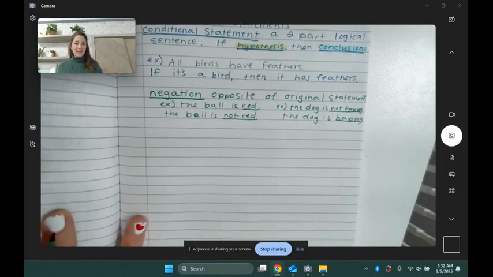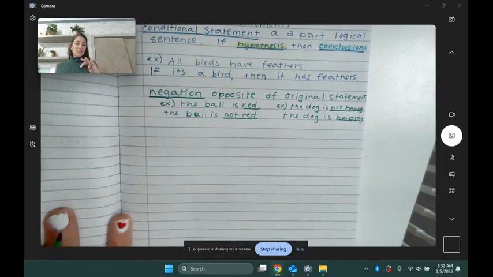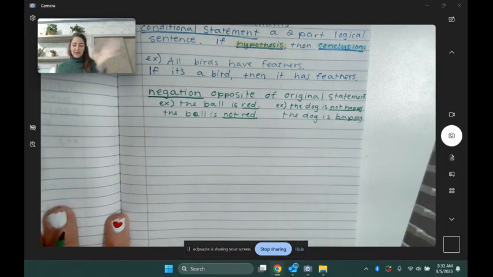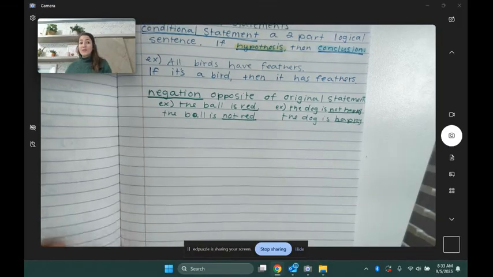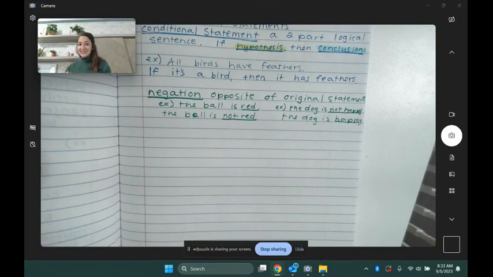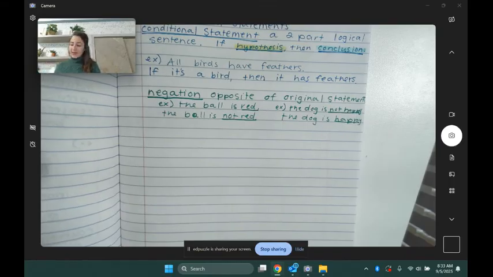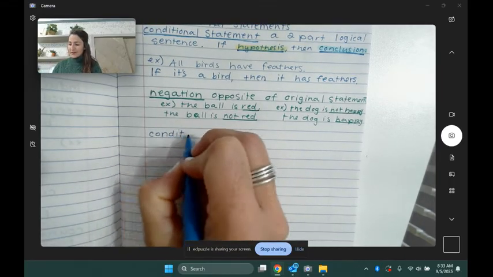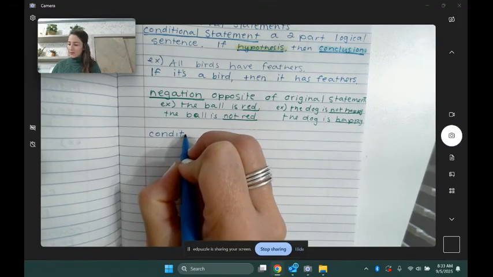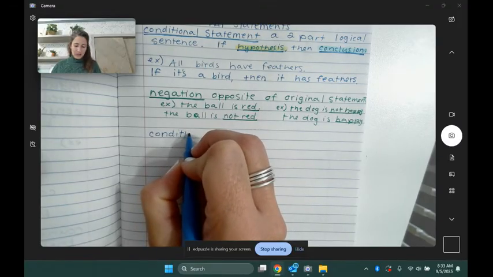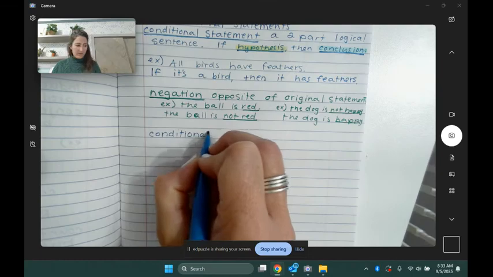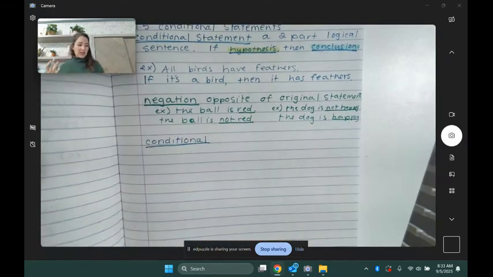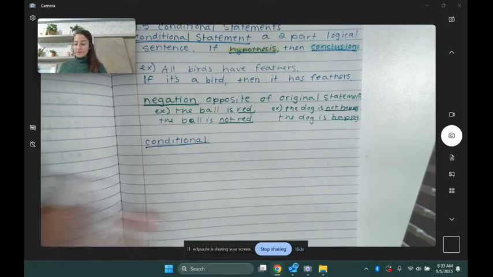Okay. Now, I can take my conditional statement, and there are 4 different forms of that conditional statement. So I've got my conditional, and this is going to be like one big example. Got your conditional statement, and I'm going to do this in terms of an example we can understand.